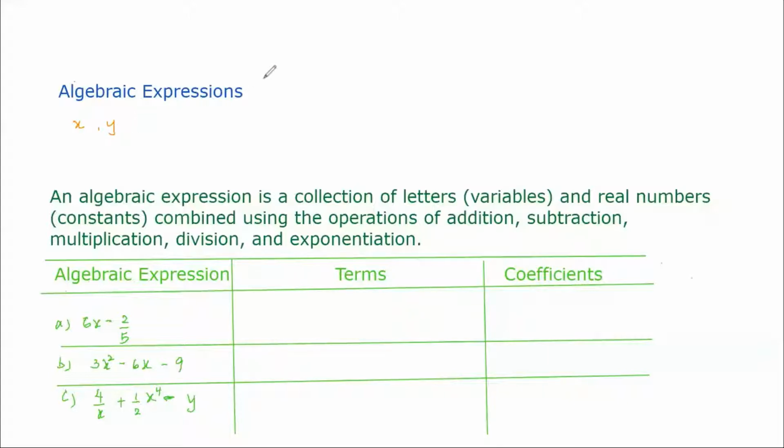But once you combine the numbers and the letters, here we call it a variable. And when you combine with some numbers with the operations, the four operations: addition, subtraction, multiplication, division, and also exponentiation, meaning the exponent or power, like 4 power 2, x power 5.